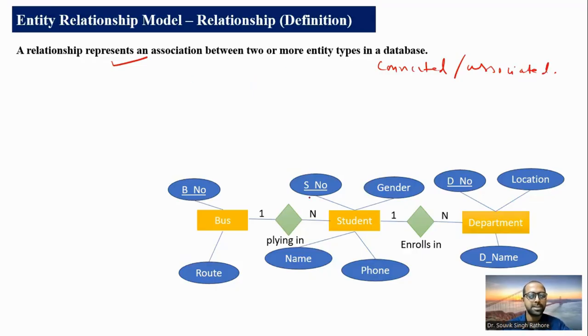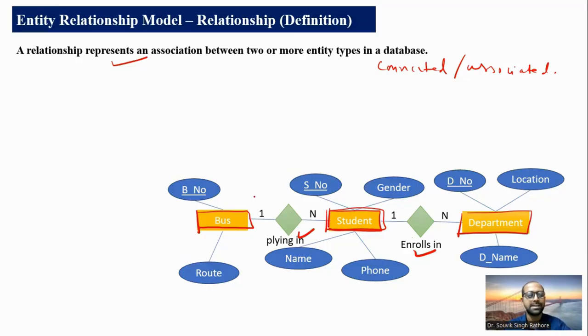For example, suppose we have two entity types, student entity type and department entity type. A student enrolls in a department. Similarly, if we have the bus entity type and the student entity type, a student may be plying in a particular bus route. So here plying in is the relationship.